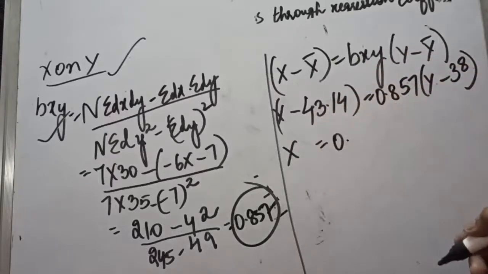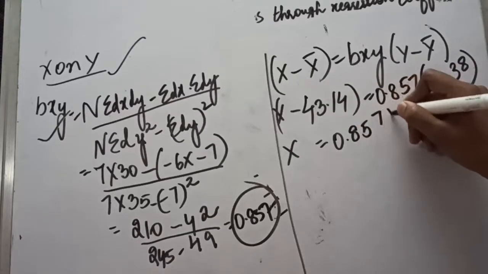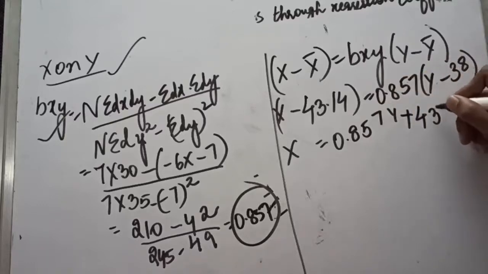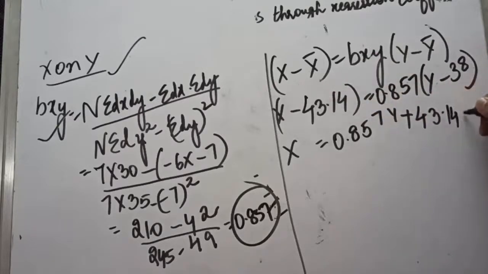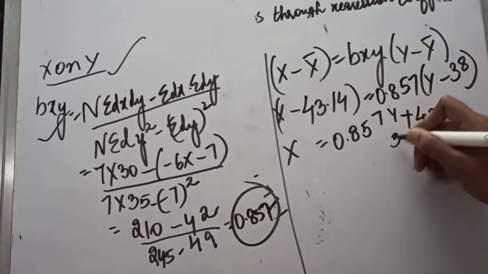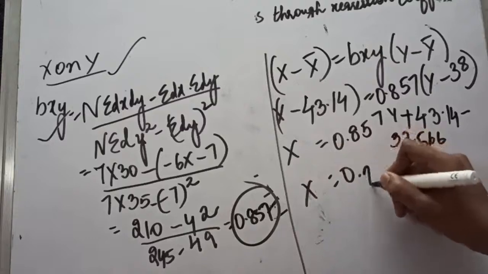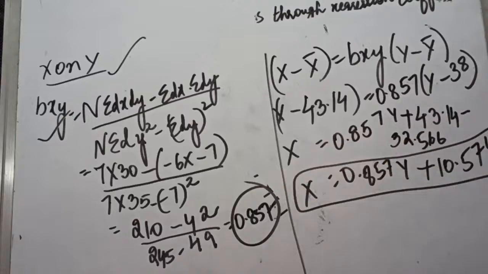Rest all the things will move to the right hand side. So it will be 0.857y, and multiplying 0.857 by 38 gives, sorry, 32.566, and this moves there as minus 32.566. So finally solving this, your answer will be x is equal to 0.857y plus 10.574. So this is our first answer, the x on y equation.